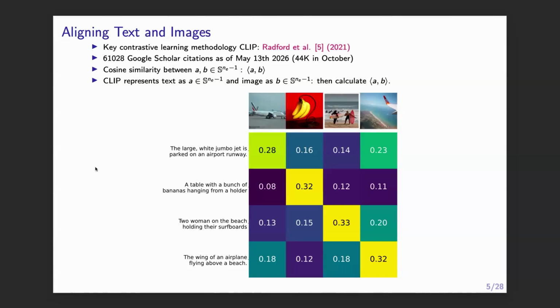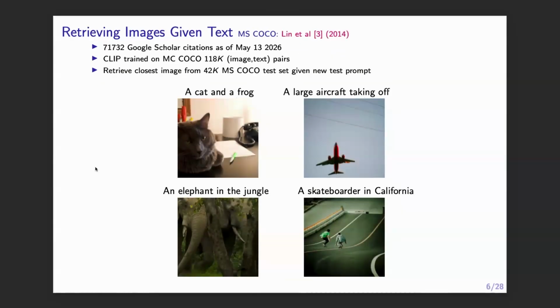Now this allows us to do many different tasks, like the ones that we saw at the beginning. It also allows us to solve tasks like retrieval, where you take a big database, put in a text prompt like "a cat and a frog," and try to get out an image. In this case, I did this with the MS COCO data set.